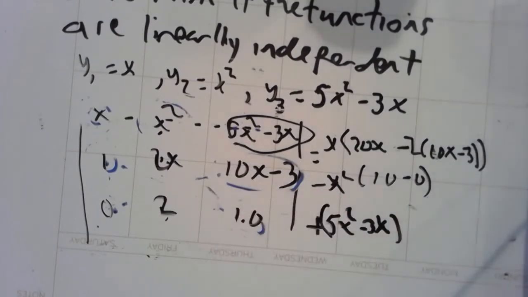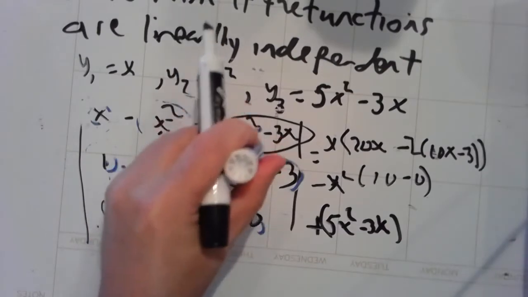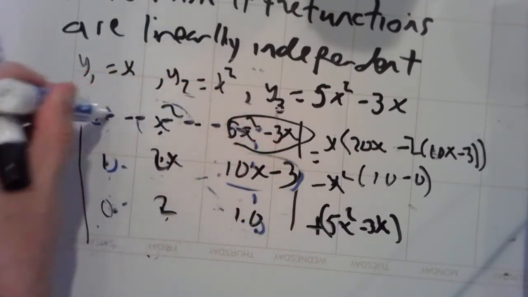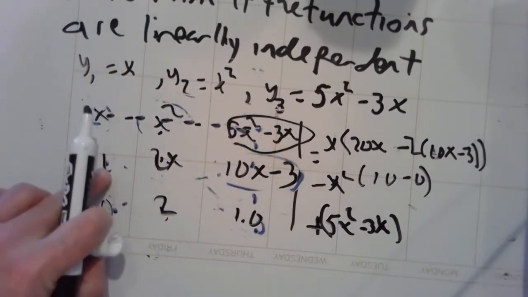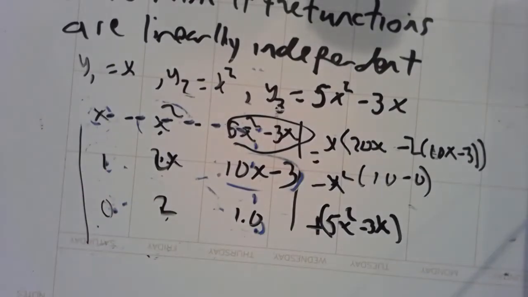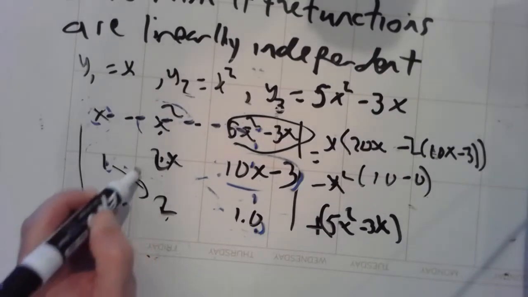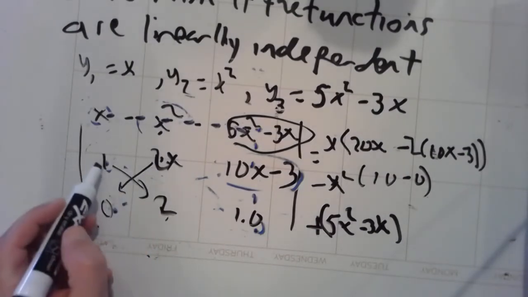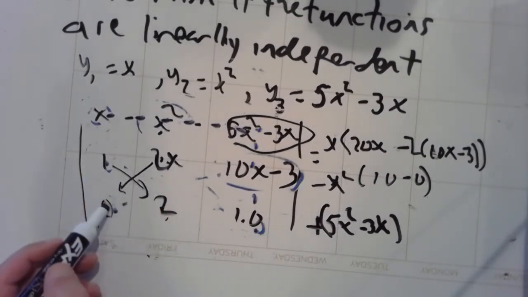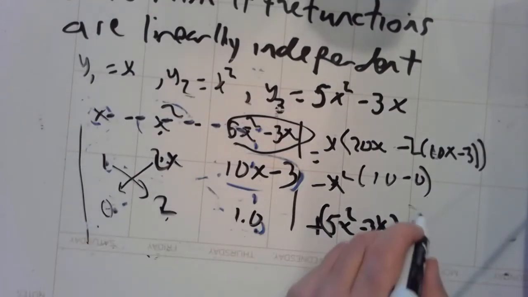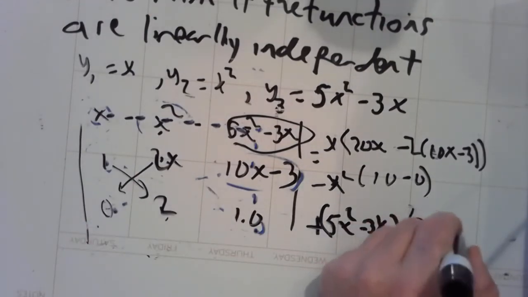Parentheses are your friends here. Now, in our minds, we cross out that row and that column. And we use the 4 things left over and do a 2 by 2 determinant. This way minus this way. 1 times 2 minus 2x times 0. So that would be 2 minus 0.